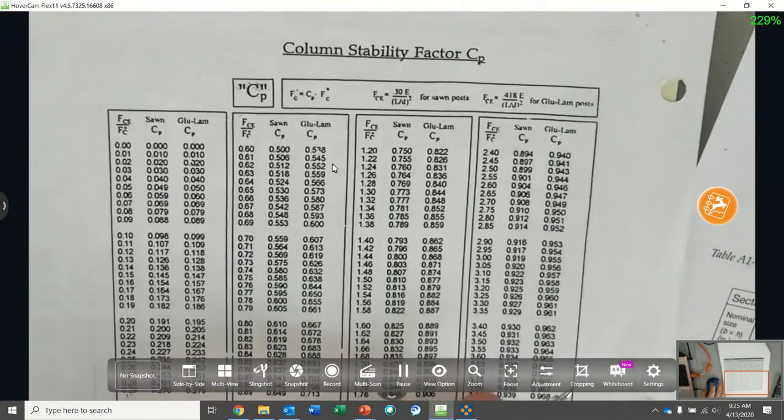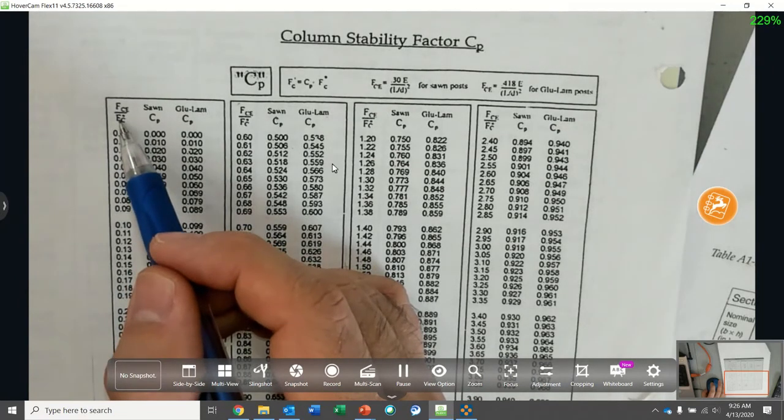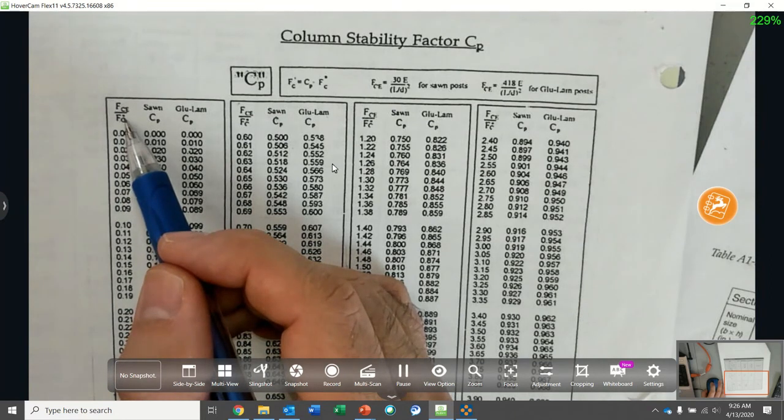Here's my FCE, my Euler critical stress divided by my adjustable allowable stress due to load duration. Here's that ratio.